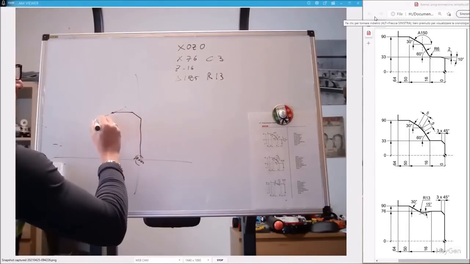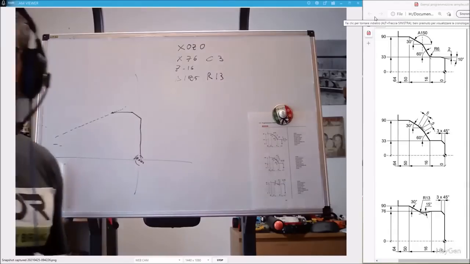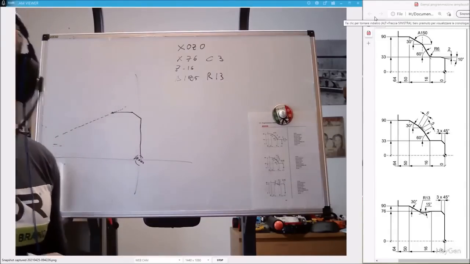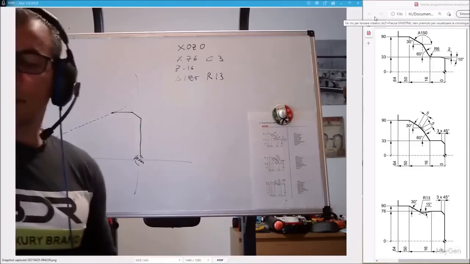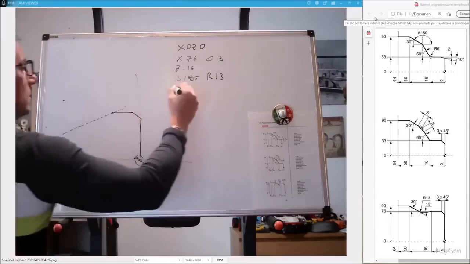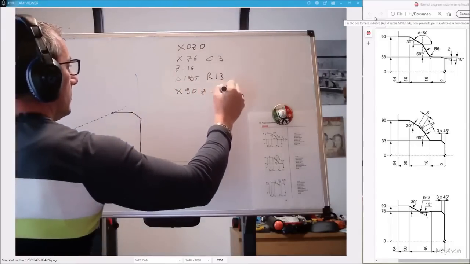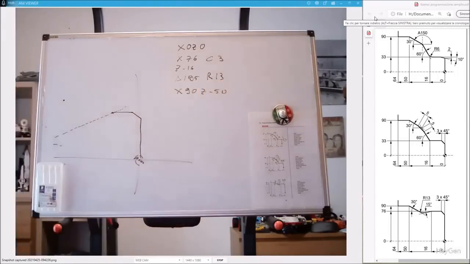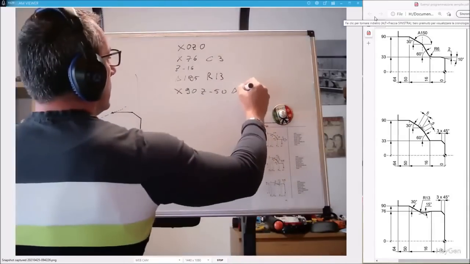It knows that I have to descend at 15 degrees and sooner or later start a radius of 13 millimeters. At this point, the machine says, okay, where do I stop? You stop at x90 z minus 50, so here. x90 z minus 50. How do you get there? You get there at 30 degrees, so 180 minus 30 is 150.